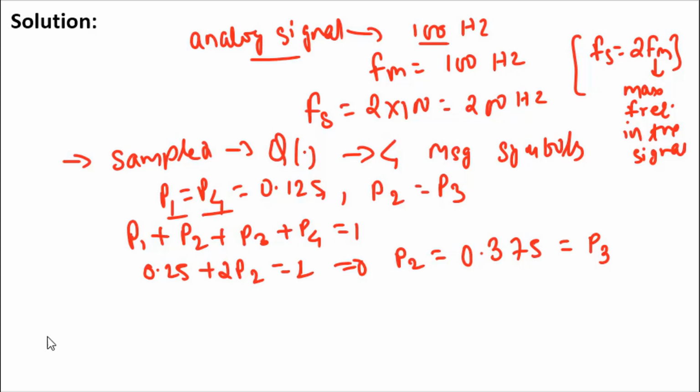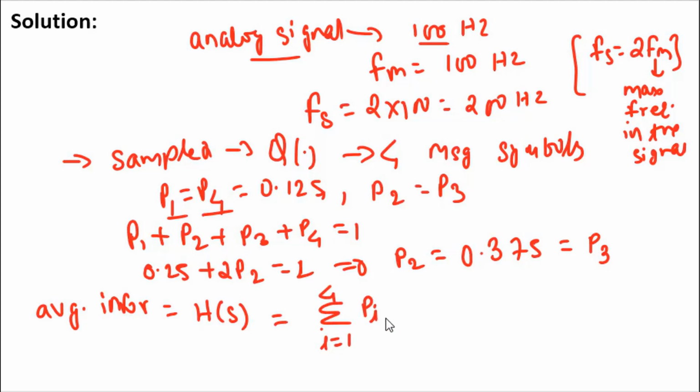Now, you need to find out the average information, which is the entropy of this source, H of S, and this H of S will be given by the summation for i equal to 1 to 4 of Pi log base 2 1 over Pi.